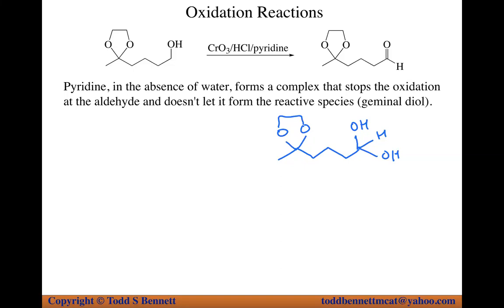So now I have a carbon that's got an OH on it. It can be oxidized further, potentially.